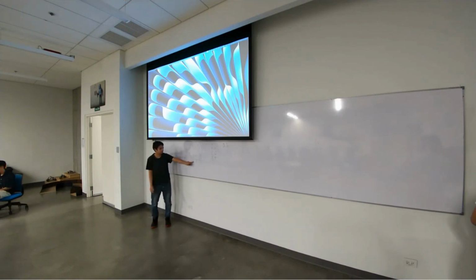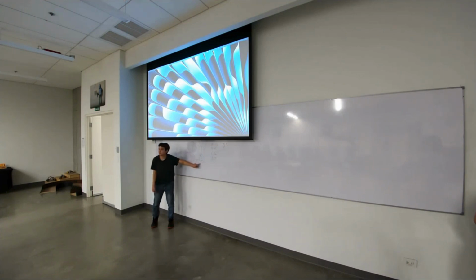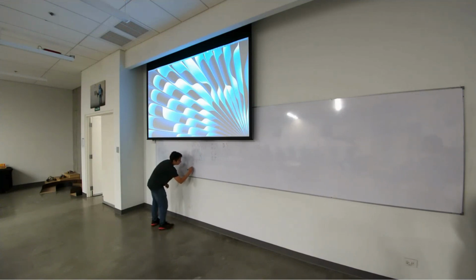If we choose to go to C, then we're going to have to go to E at the end. So B to C is 3, and C to E is 5. Okay, so we get 5 plus 3. So this path, that is B to C to E, is 8.